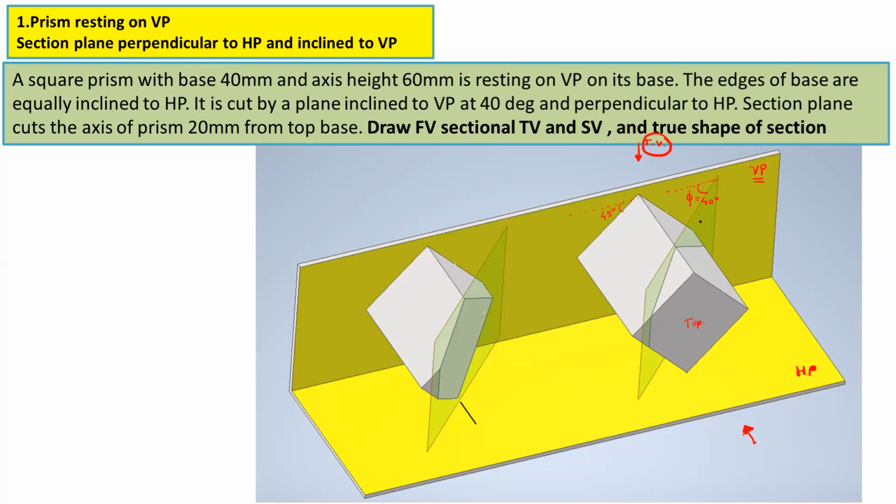And this section plane cuts the axis at 20 mm from the top base. So from the top base, you should take the distance 20 mm, and then you can draw this inclined line at 40 degree.